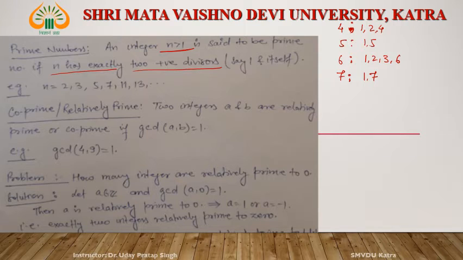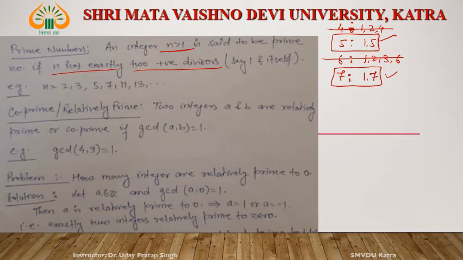See, those numbers are called prime numbers if their divisors are 1 and the number itself. See here, what are the divisors of 5? 1 and 5, the number itself. What are the divisors of 7? 1 and 7 itself. What are the divisors of 6? 1, 2, 3. This is not prime. But 5 is prime, 7 is prime, right?